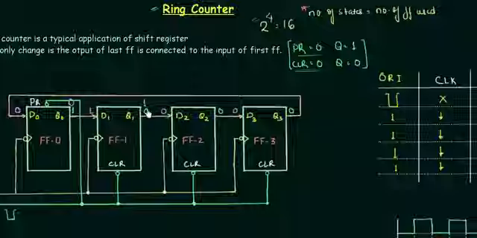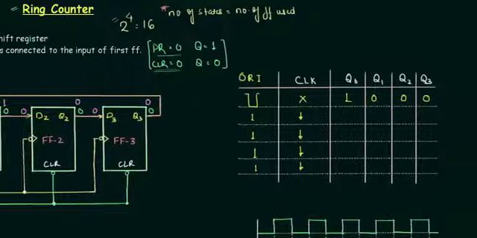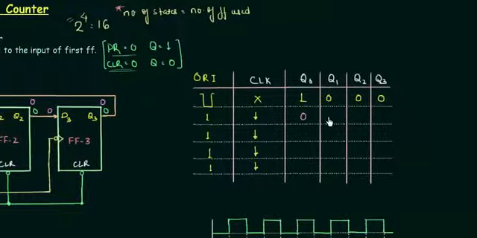So Q1 will now become 1, and in the same way, when input is 0, output is also 0, and Q3 is 0. So we have our new outputs: 0, 1, 0, 0, and the previous was 1, 0, 0, 0. This is for the first falling edge.